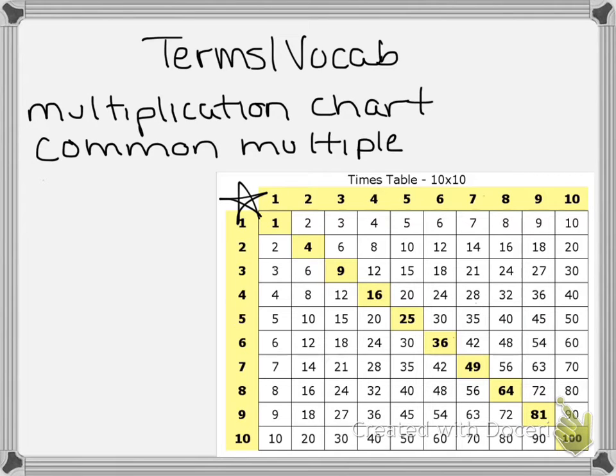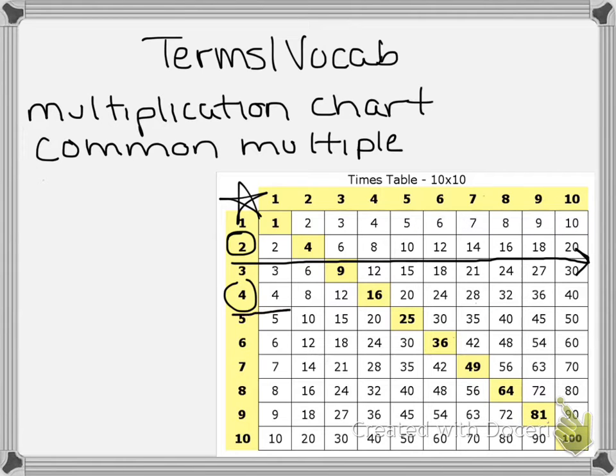Let's look at the number 4 and the number 2. So when I am trying to find a common multiple of 4 and 2, the first thing I am going to do is look all the way across my 2 row, and then I'm going to look at the 4 row, looking for numbers that the 2 have in common.